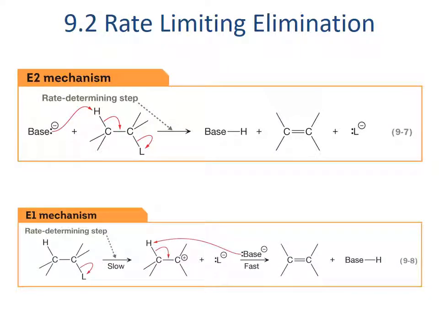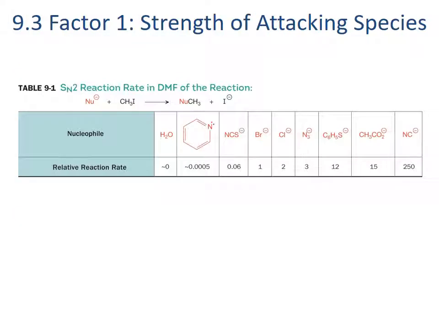Similarly, E2 reactions must consider base strength, accessibility of the proton, and the anti-periplanar configuration the proton needs to be in. E1 reactions only depend on leaving group and carbocation stability, which you might have noticed are the same factors as SN1. So we already know that some of these factors will help us to differentiate one mechanism from the next. We're going to spend the next little bit looking at each of these factors more in depth.